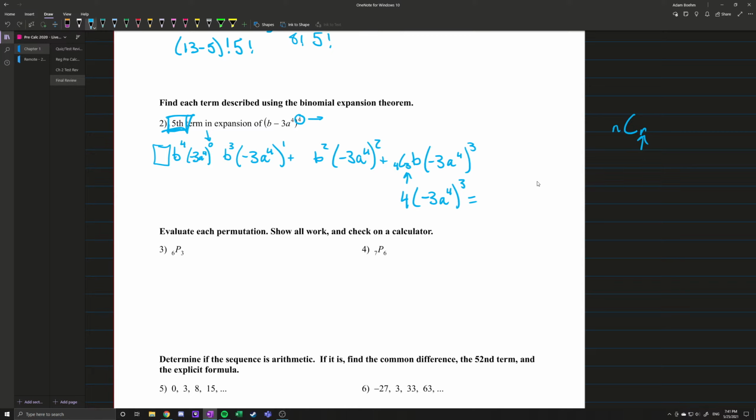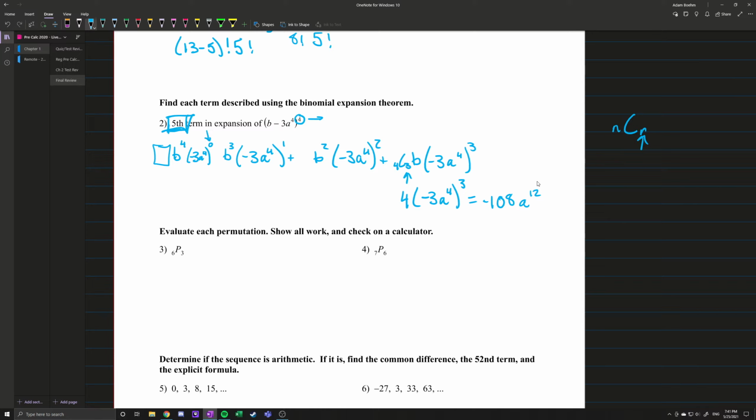Well, this would be for the fourth term. So this would be 4 times negative 27. You'd get negative 108a to the 12th. That would be the fourth term. I'm not sure why I did that.